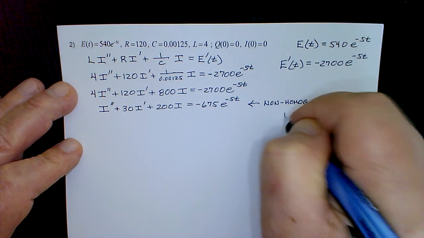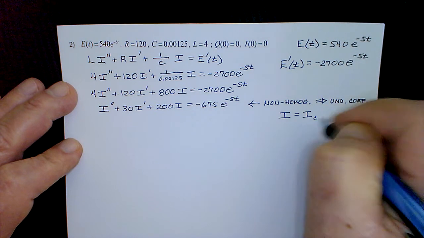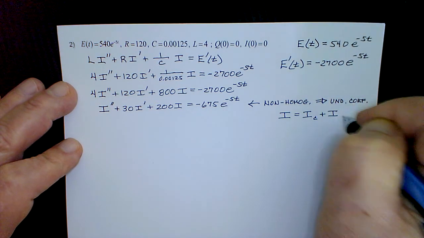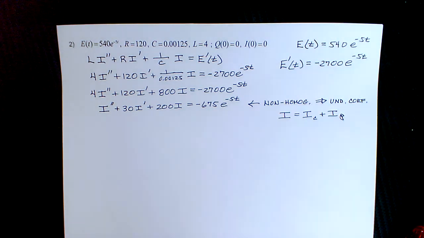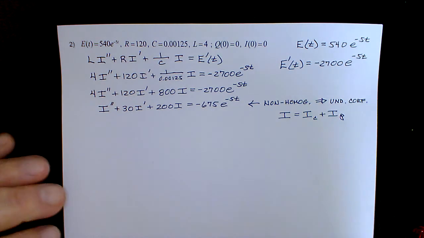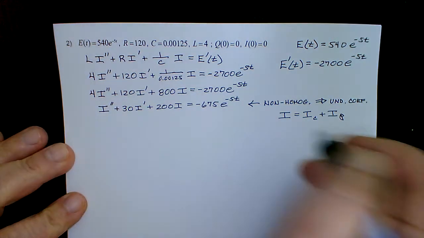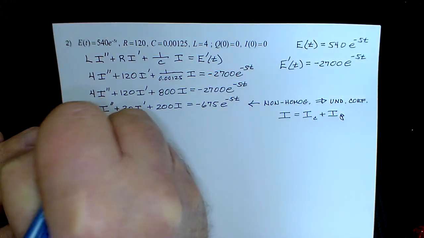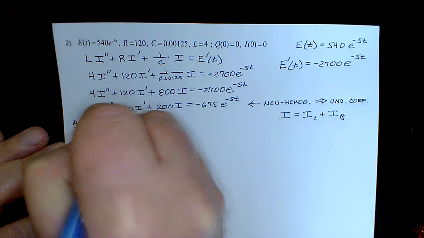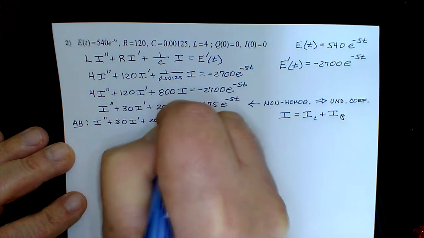And the fact that our solution I is going to be composed of two parts, I sub c plus I sub p, where I sub c is the solution to the homogeneous, and I sub p is the solution to the non-homogeneous. So first off, the solution to the homogeneous. We get the associated homogeneous. Take I double prime plus 30 I prime plus 200 I, set it equal to 0.